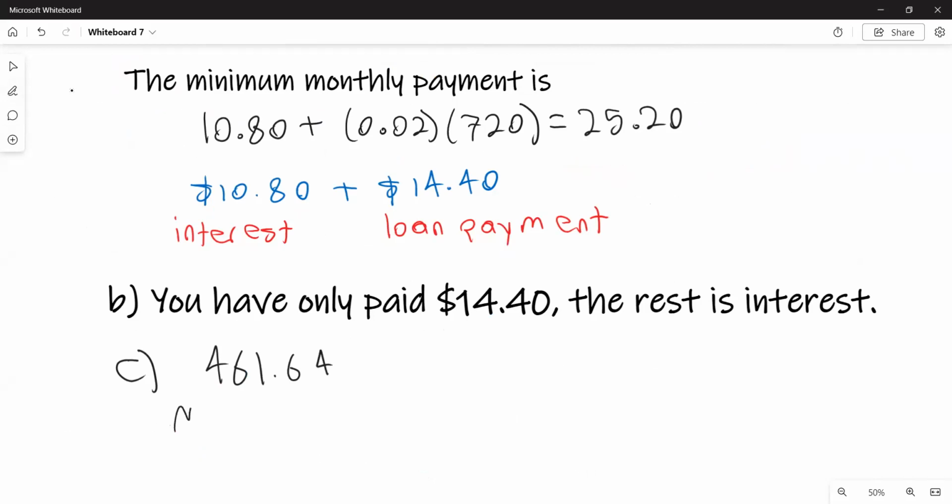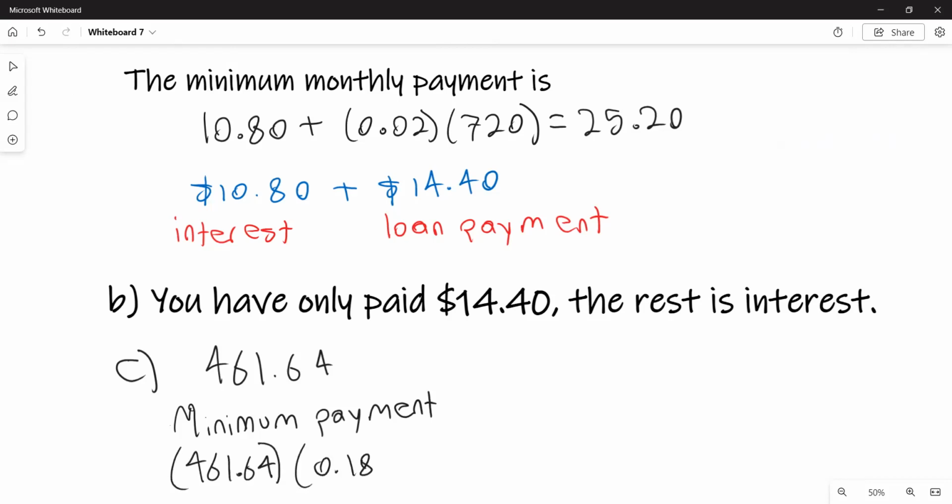So the minimum payment is going to be the interest, what you call the finance charge, plus 2% of your outstanding balance.